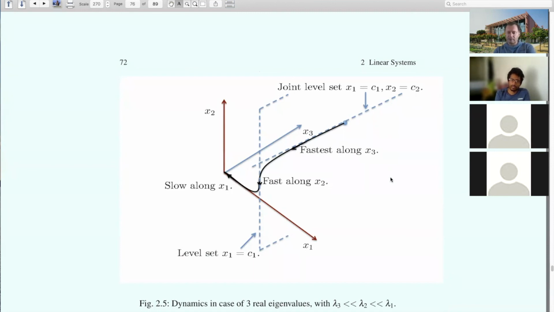So if you have 3 eigenvalues that are all negative, and so lambda 1 is less than 0 but bigger than lambda 2, bigger than lambda 3, then if you take a joint level set, x1 is c1 and x2 is c2, first you kind of slide towards x3 is equal to 0.